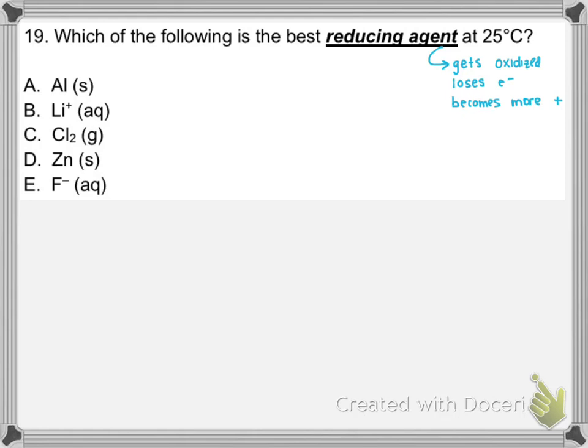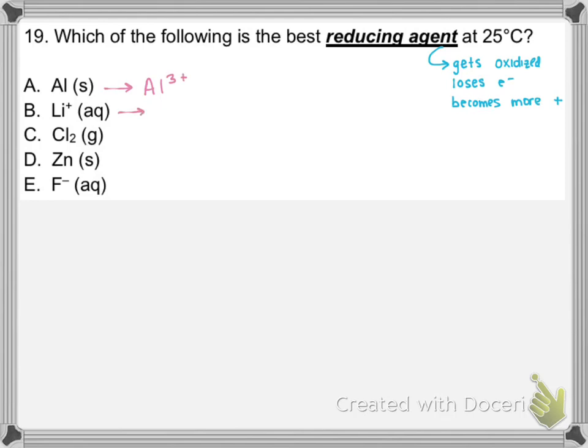In number 19, they want us to figure out which is the best reducing agent. We know that a reducing agent gets oxidized, so it loses electrons to become more positive. With the aluminum here, you can think about aluminum losing some electrons to become something like Al3+.